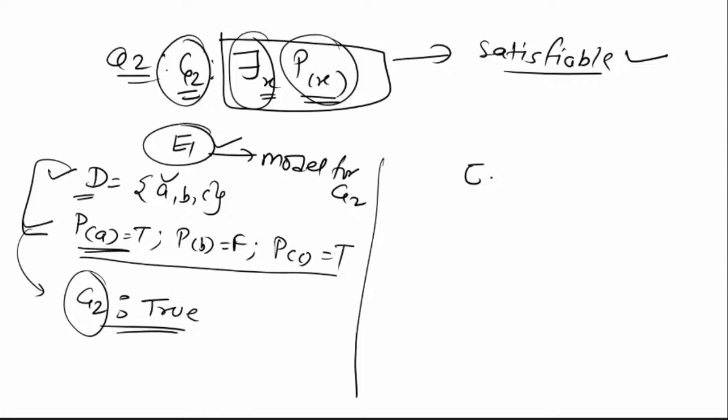Now let me give you another environment in which this formula G2 will become false. Can anyone give me one suggestion? Can you give me an environment in which this formula G2 will become false?